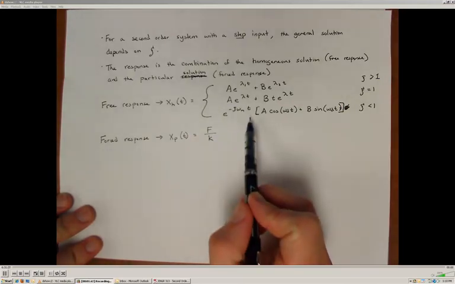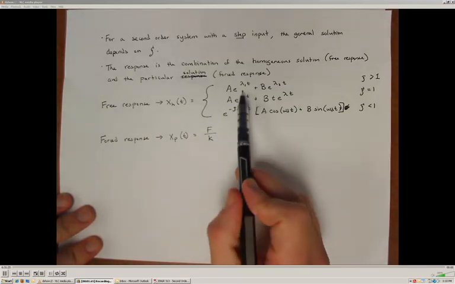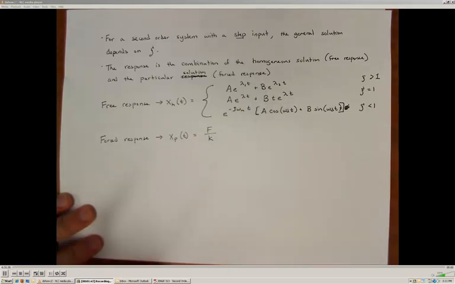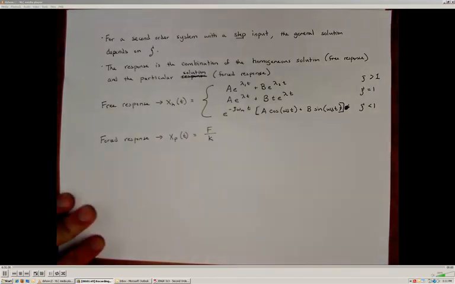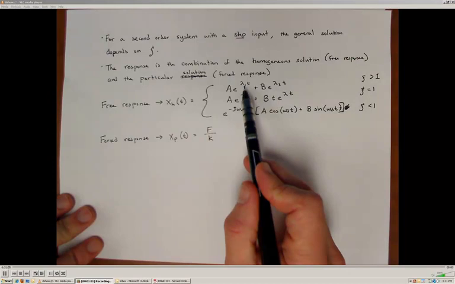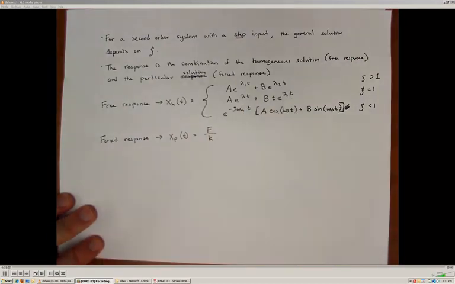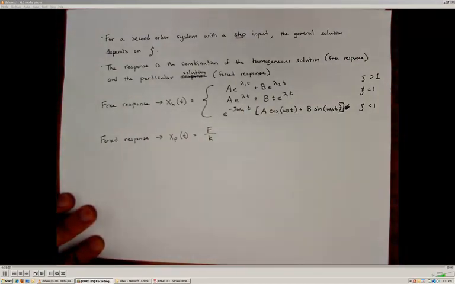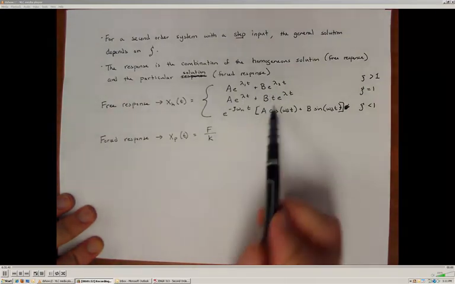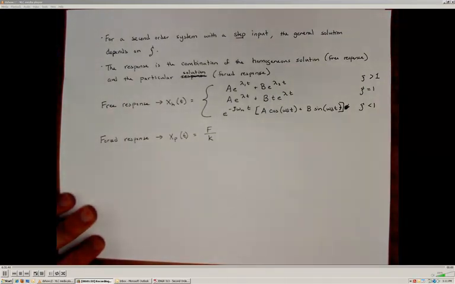And if we look at what happens mathematically in all of these cases, as time gets really large, since in most of the cases the eigenvalues are going to be negative values, these exponential terms are going to decrease. The effect of those exponential terms is going to go away.